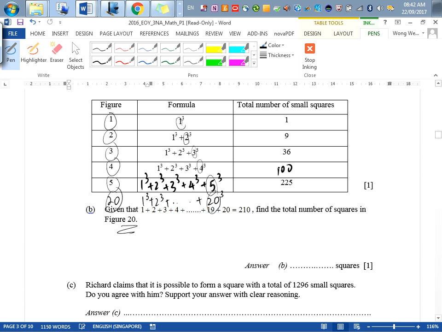Then over here, this is equals to, we don't know what that is yet. But if I want to find the total number of squares, now I'm interested in this column. How do I get 1 over here? This is actually equals to 1 cube. This is equals to 1 cube plus 2 cube.